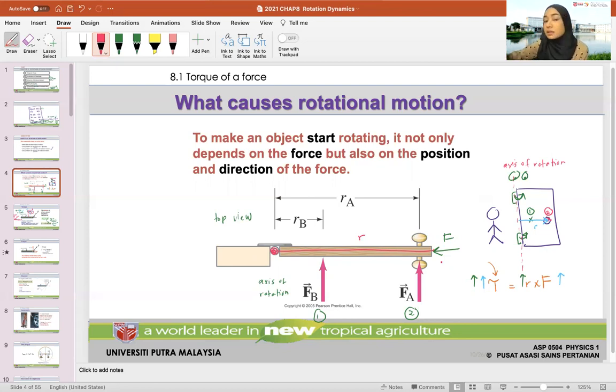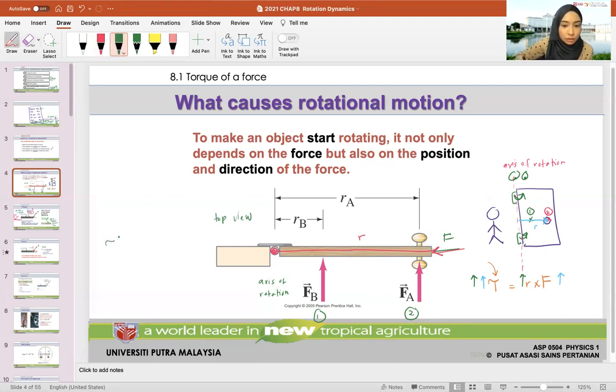But my best bet is it's not going to move because torque wants something that is perpendicular. So kalau Hazira tolak kat sini, dia membuat kerja sia-sia. Macam itulah cerita dia. So Hazira has to apply a force that is perpendicular to the vector R. R is a vector.